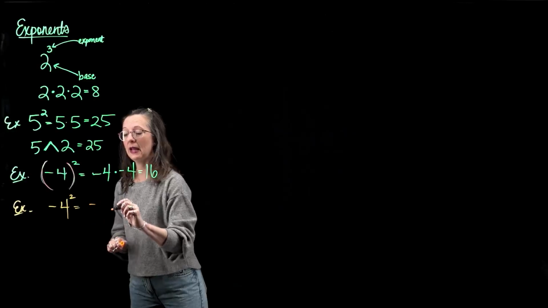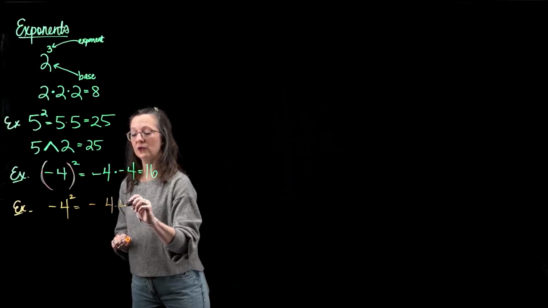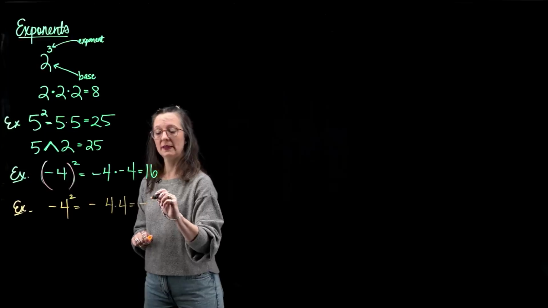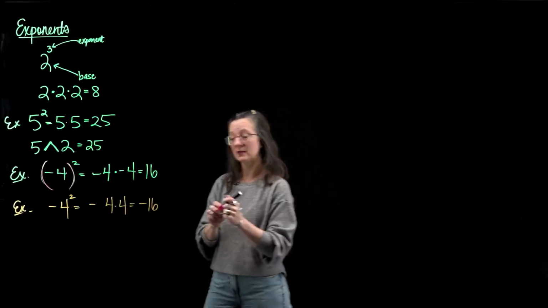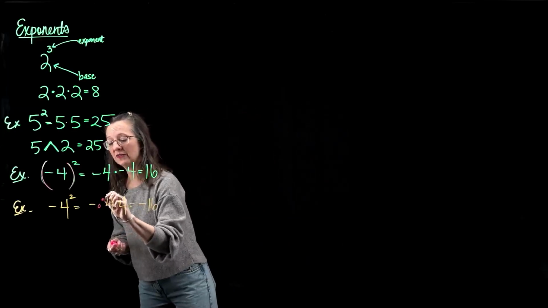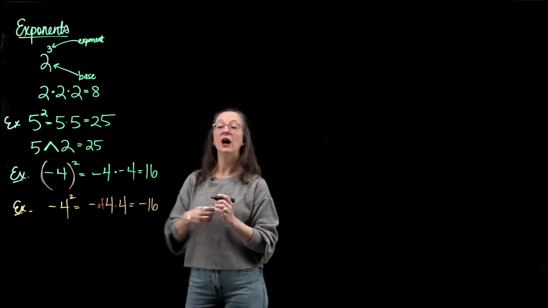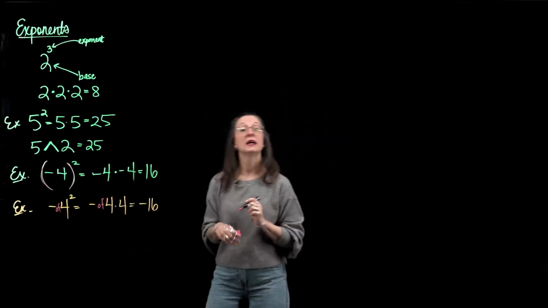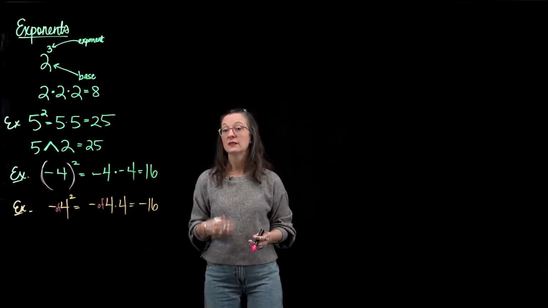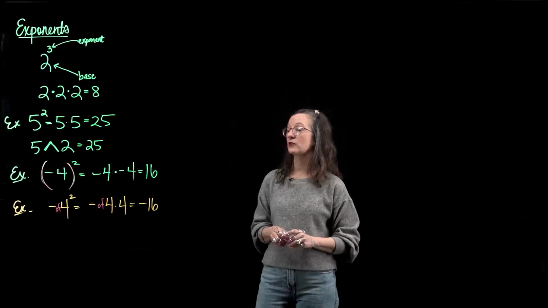So this would be the negative of 4 times 4, which would be the negative of 16. And sometimes it helps to even write that word of in there. Negative of 4 times 4. Because we don't have any parentheses telling us that the negative got squared too.